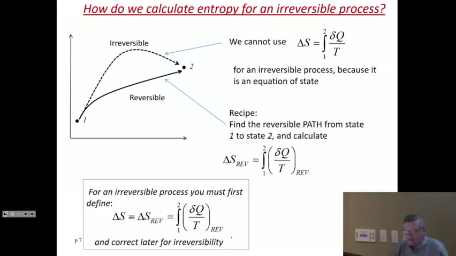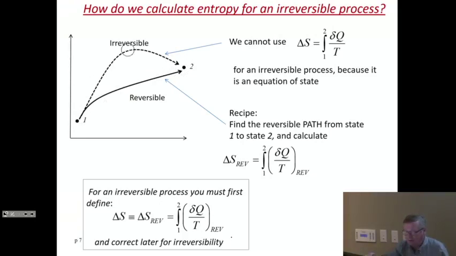So we have a recipe as to what you should do when you have to deal with an irreversible transformation. What you have to do is find the reversible path that would be between the same two states. So if you want to know the entropy change here, you can only define the entropy as an equation of state at 1 and 2 if this is the reversible path.